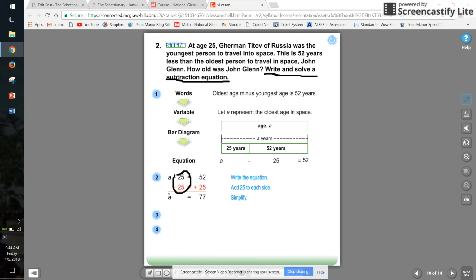Using balance as part of our thinking for algebra, I added 25 to this side of the equal sign, so I'm going to add 25 to this side of the equal sign, which tells me that John Glenn was 77 years old. Now, those of you that would like to take this even further, there is a way to check your answer. If you simply take that 77 and plug it into your original equation, which was A minus 25 equals 52, 77 minus 25 does equal 52.